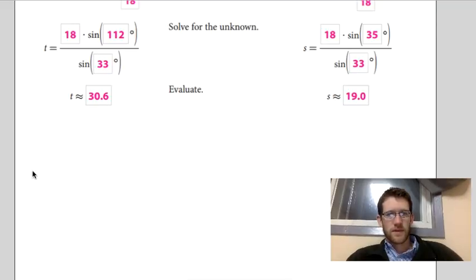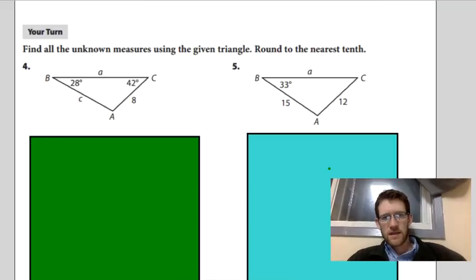So I'll give you guys a second to go ahead and try and figure out 4 and 5 here. For this guy, we know 2 of the angles. We know 1 of the sides, right? So you should be able to figure out the missing angle and then figure out the 2 missing sides in the exact same way as our previous example. This one here is a little different. We only know 1 angle.